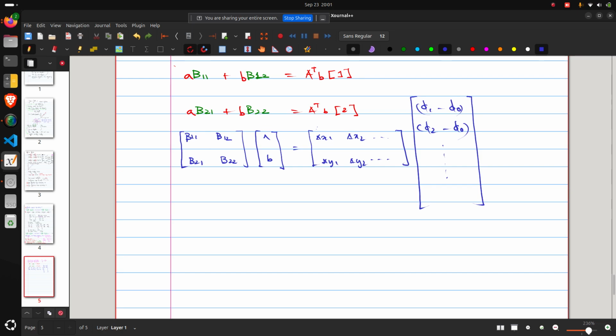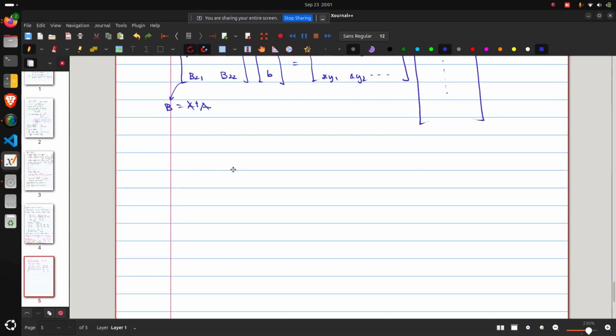And what is this B matrix? It is nothing but A transpose A, right? So what can we finally write? We can write the equation as A transpose A times the gradient vector, the unknown, is A transpose B.